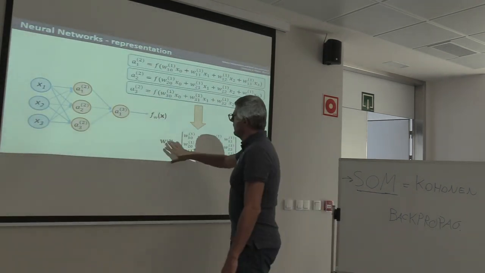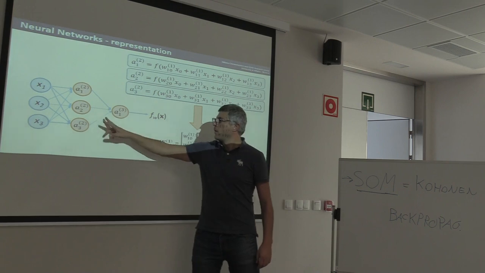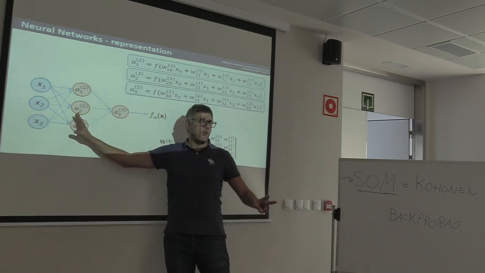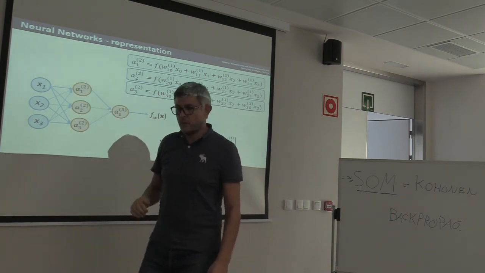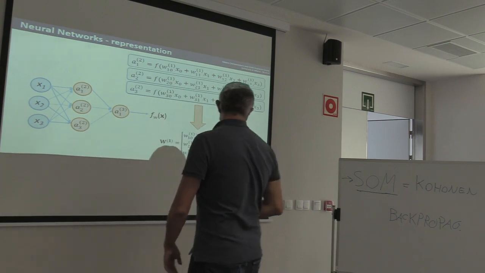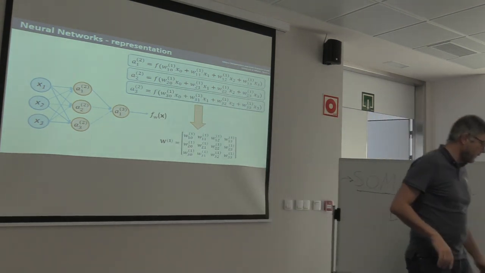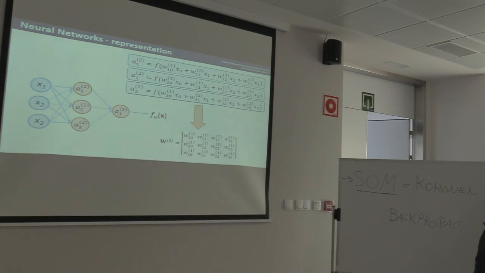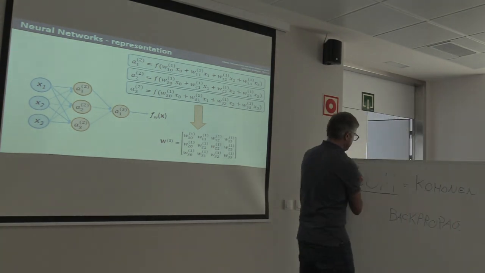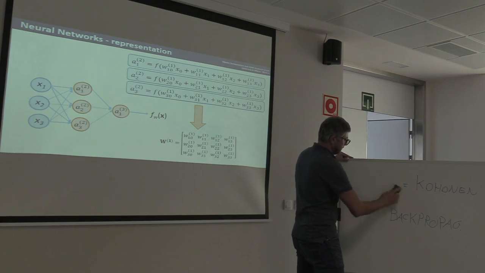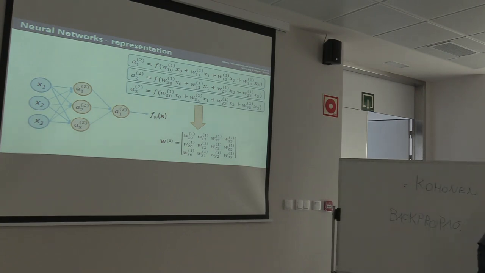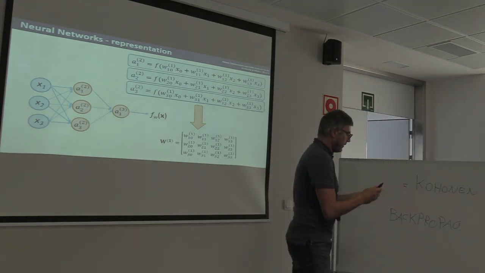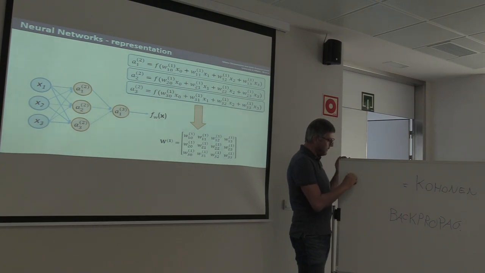We will have something like this also between the second layer and the third layer. In your opinion, what will be the dimension of that matrix? We can call it V^(2).